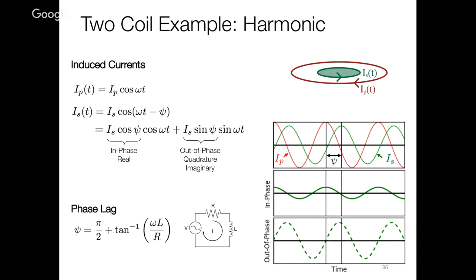It's also sometimes called the real part, because mathematics is usually done in complex variables, so there's a real factor. This part is called the out-of-phase part. It's also called quadrature, because quadrature means shifted by 90 degrees, and it's sometimes called the imaginary part.